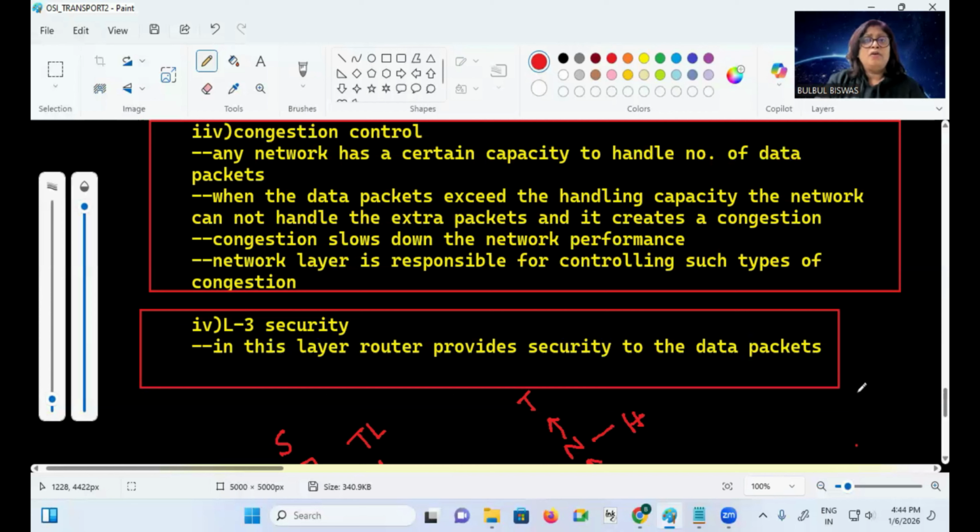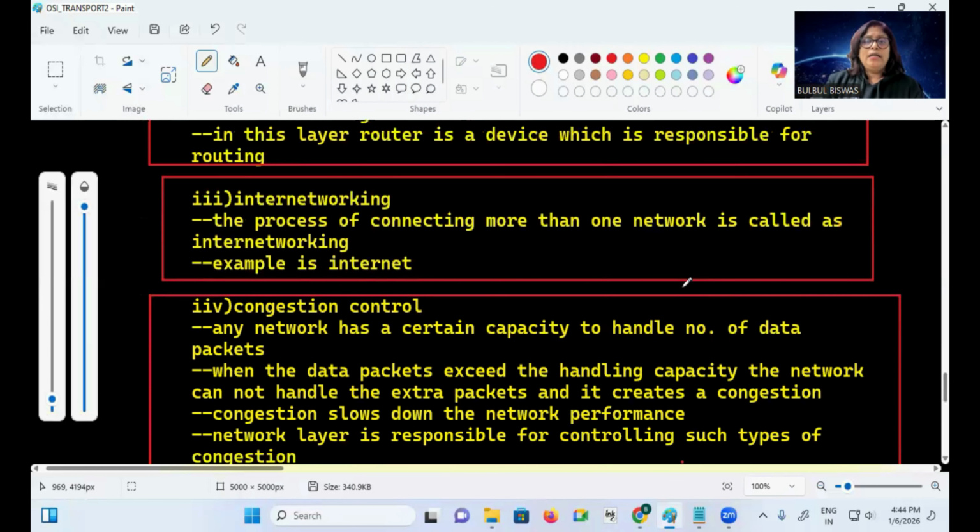So for your kind information, everybody be careful. The router is the device through which we are able to access the facilities of the internet in the world. This is a boon for us, that is the router. And this router works at layer 3, and that is why the network layer is so important in networking technologies.